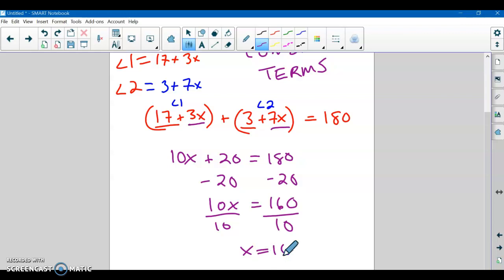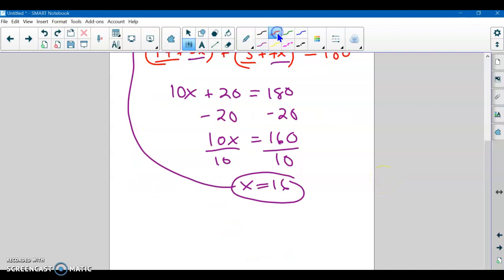This is not our final answer. We need to figure out what the angle measures are. So now we gotta plug 16 back into where we see the x's. So I'm gonna rewrite them again down here. Angle 1 was 3x plus 17.